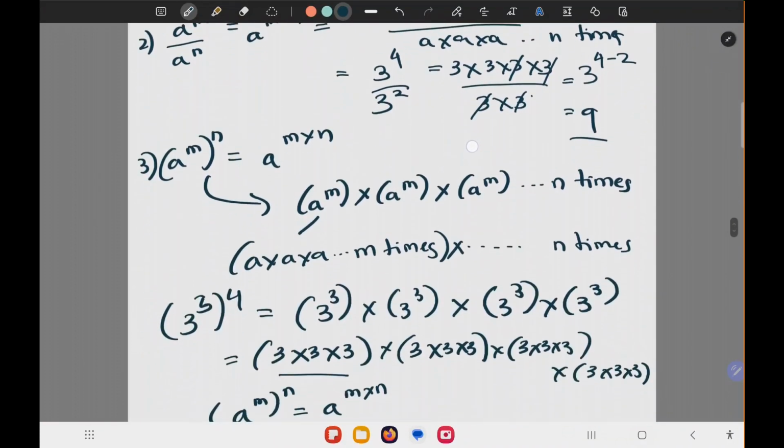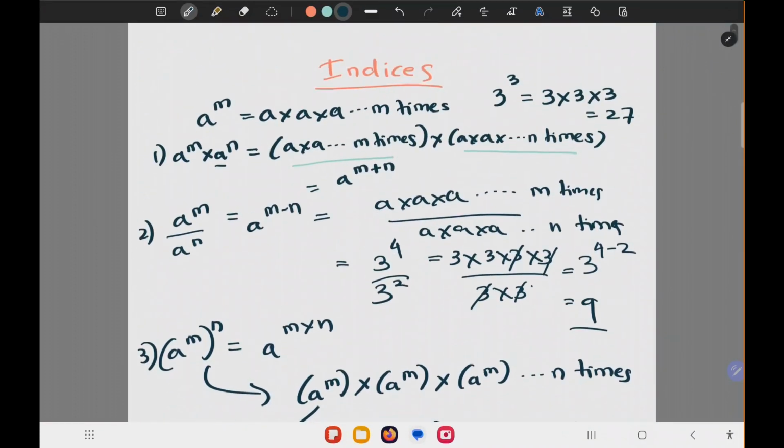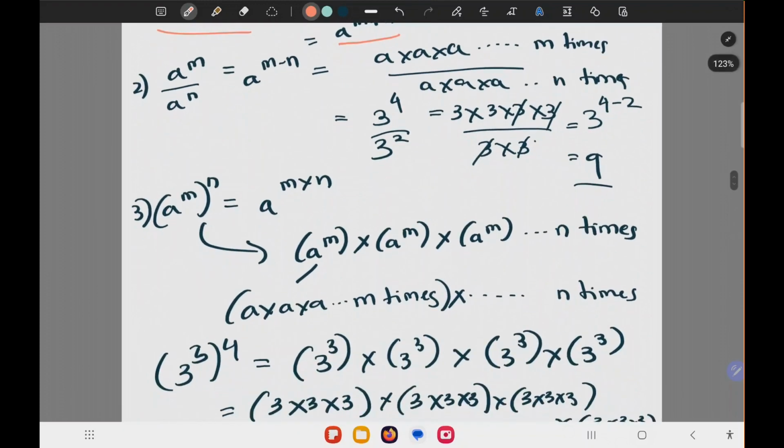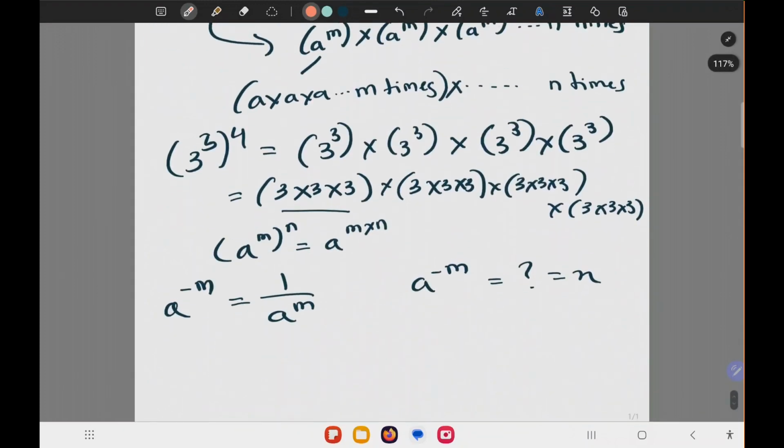Going back to the very first law, a to the power m into a to the power n is equal to a to the power m plus n. What we are going to do is multiply both sides by a to the power m.